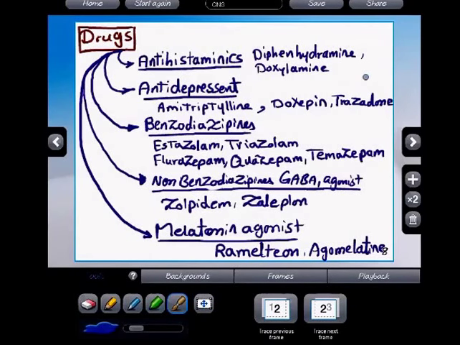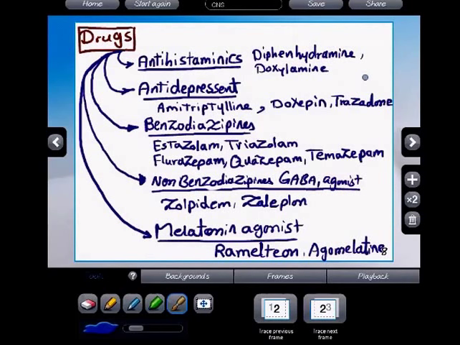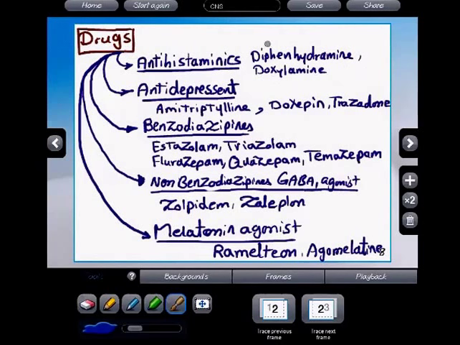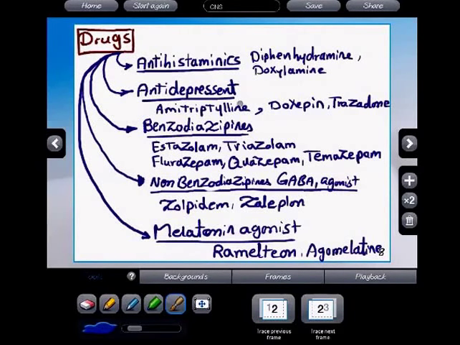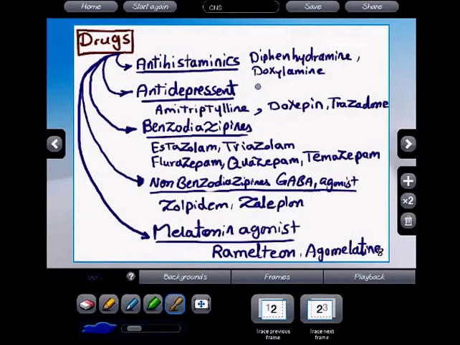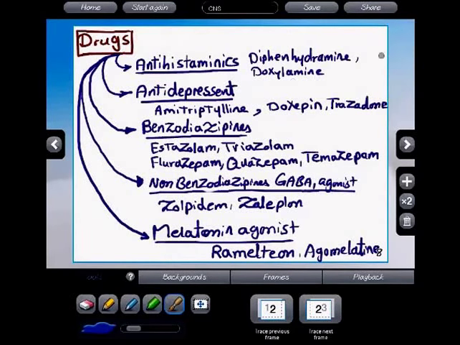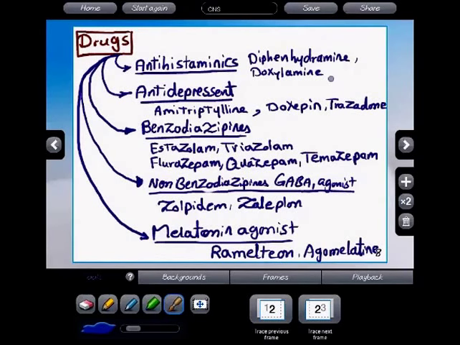This is why we use antihistaminics for this, because they decrease histamine in the brain, which leads to sedation. The second generation has a low sedation side effect, so we give first generation more than second generation in case of insomnia.